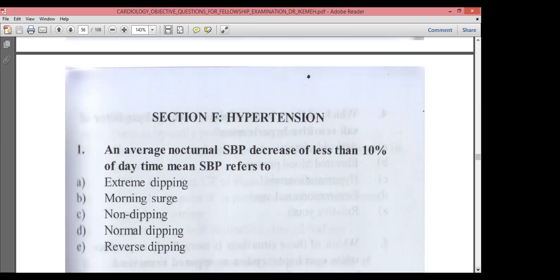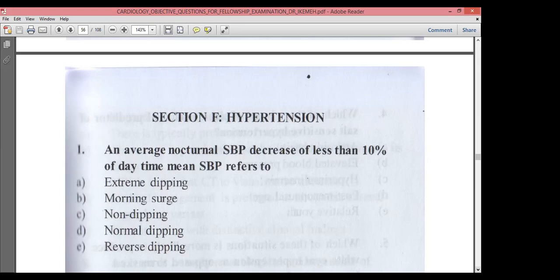Number 1 says an average nocturnal systolic blood pressure decrease of less than 10% of daytime mean refers to A, extreme dipping, B, modest surge, C, non-dipping, D, normal dipping, E, reverse dipping.